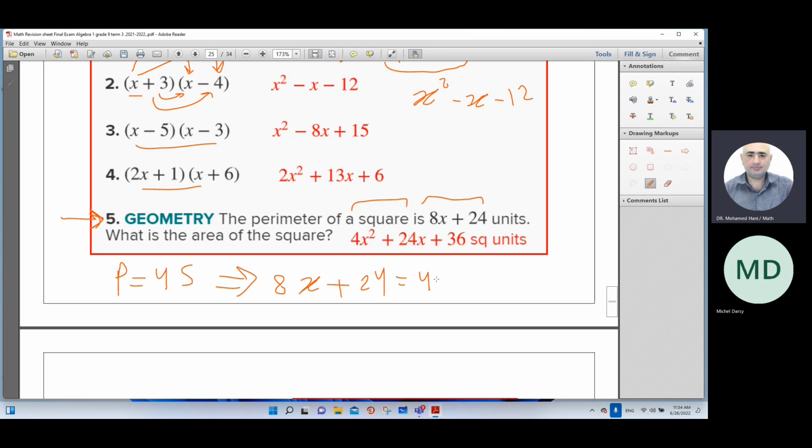The side will be here represent x, so 4x. We want to solve this equation. We can remove 4x to the second side. 8x minus 4x will be 4x equals, you can remove here to the second side 24.